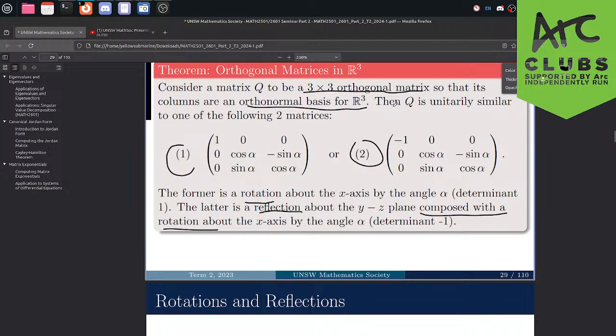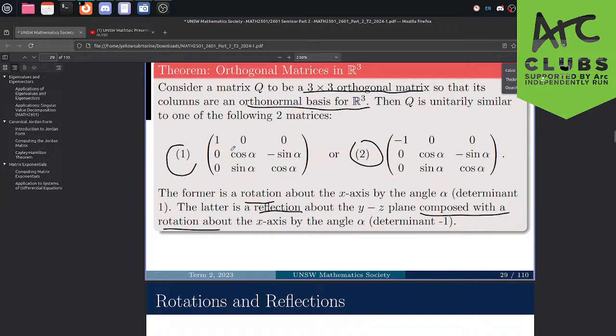So the way you distinguish these 2 matrices, note that these 2 submatrices here are exactly the same. You distinguish them by this 1, -1 here, right? But trying to find if it's unitarily similar isn't immediately clear. One really easy way to check is by just calculating the determinant.